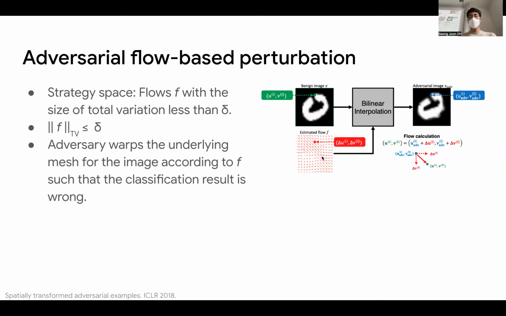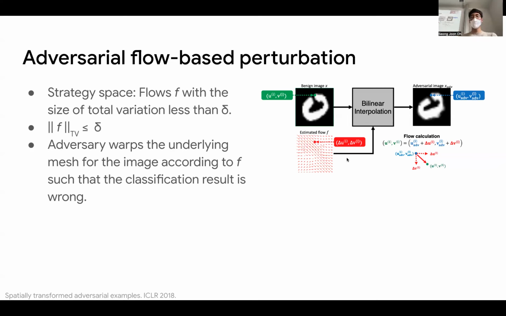And here you optimize for the flow. The flow is optimized in such a way that your perturbed image, according to these pixel flows, should not be recognized by your model. So instead of finding an additive perturbation that's going to fool your model, you're finding a pixel-wise movement such that when you apply that movement to the current pixels, the resulting image will fool your model.